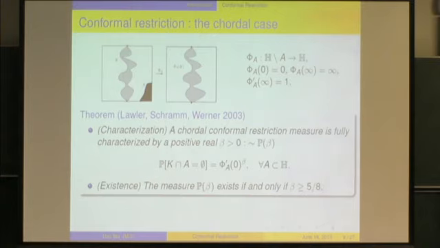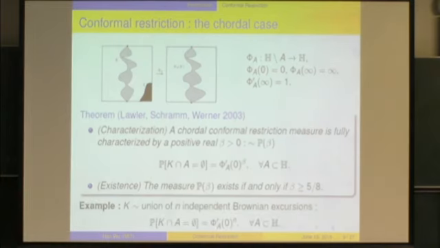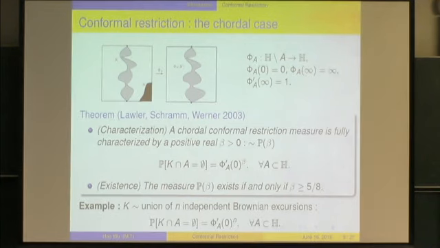So this random measure exists if and only if there is a lower bound for this beta. So as in our previous example, if K is the union of n independent Brownian excursions, it corresponds to this sample when beta equals n. So here we also have the intuition that for this random set, a bigger beta corresponds to a random set that becomes fatter.